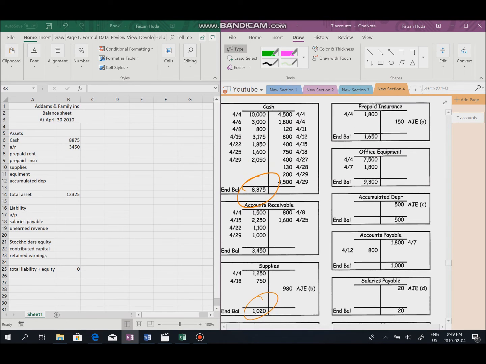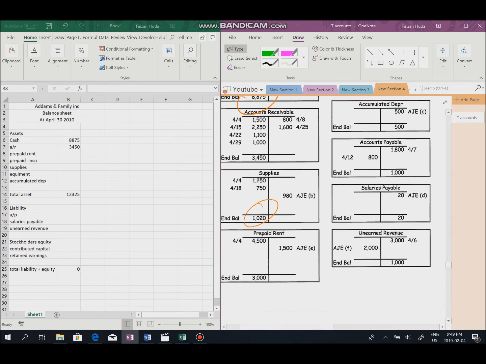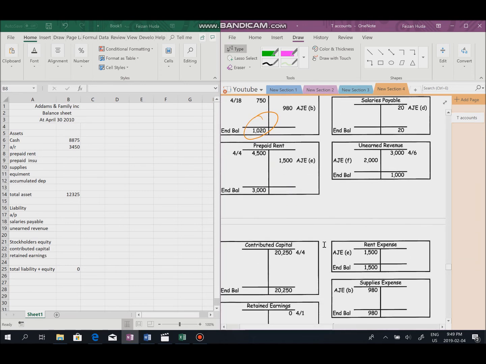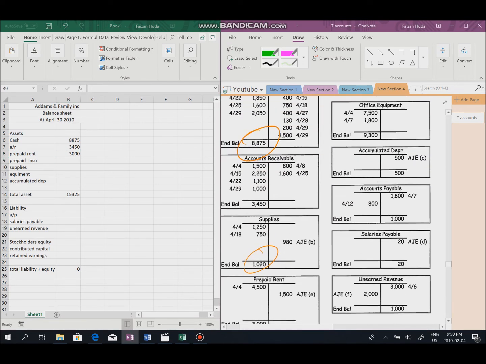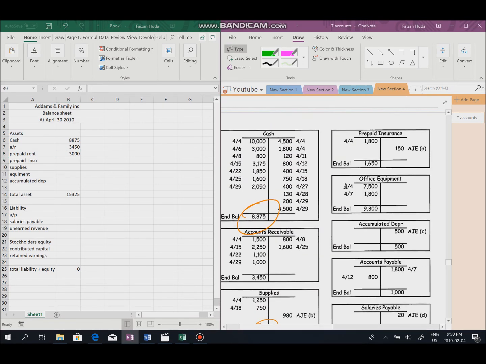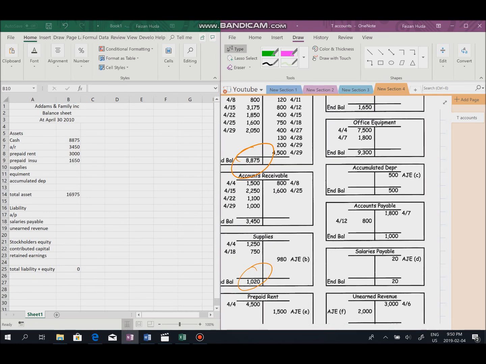I'm just gonna see where's prepaid rent. It's 3,000. Prepaid insurance is basically 1,650. Supplies 1,020.